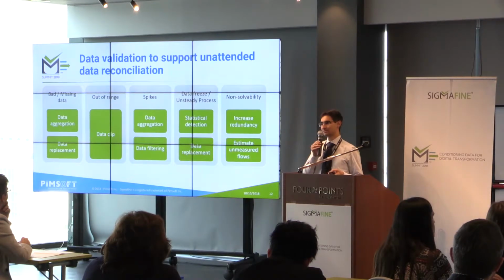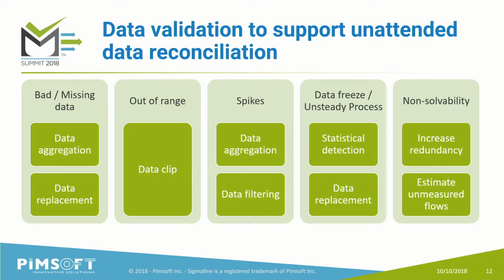We selected the ones that are quite easy to implement so that everybody here in this room could implement them on top of their AF. Some of them can be done directly in Sigmafine, some others directly on the raw data in PI, for example, through PI Analytics.